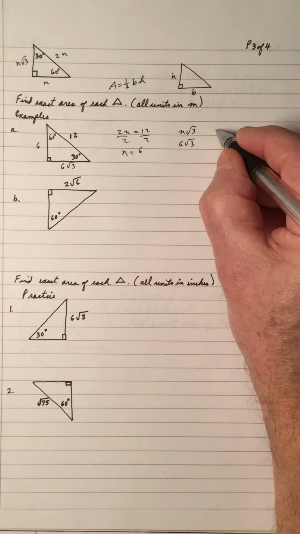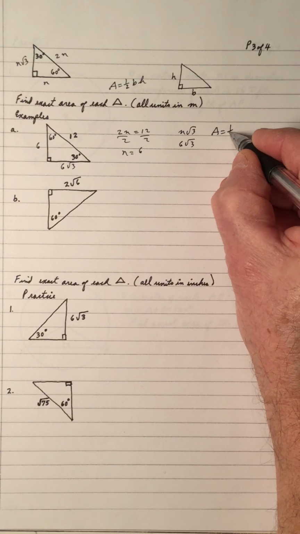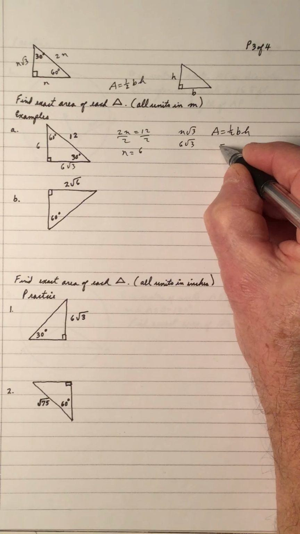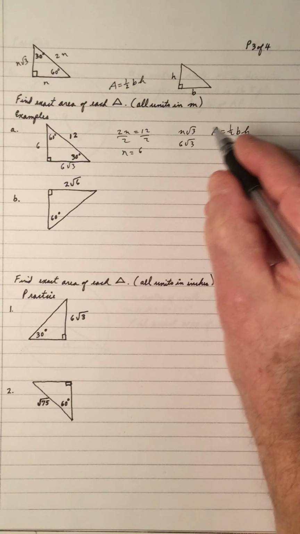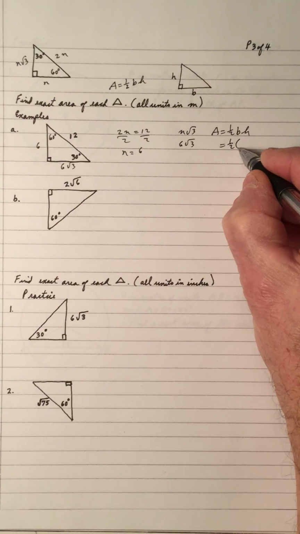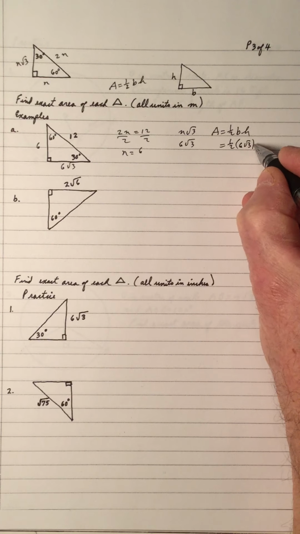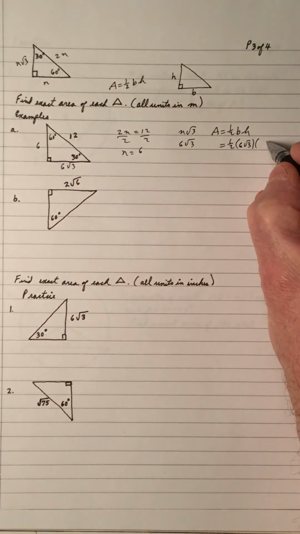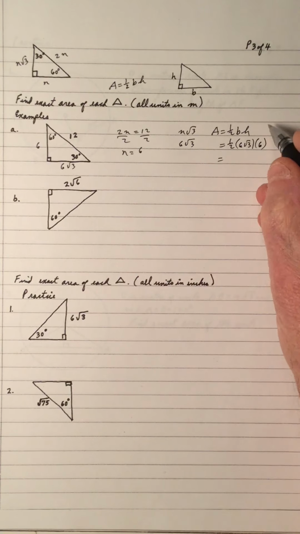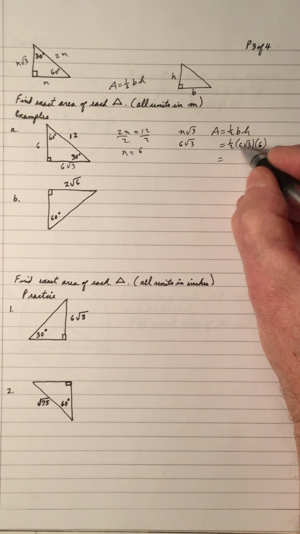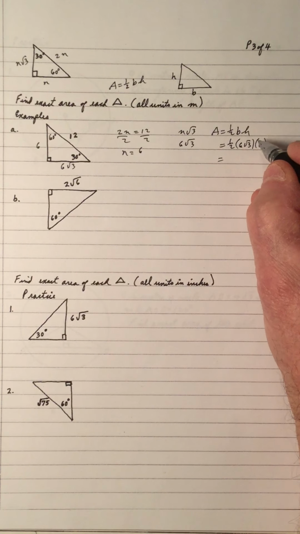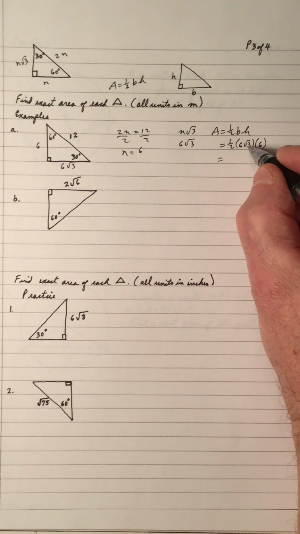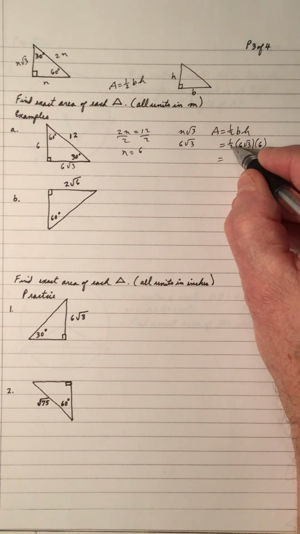So the area of the triangle is a half the base times the height. And the base is 6 root 3. And the height is 6. So we can take a half of this 6 or any 6, or we can multiply these two first and then take a half, whatever you want.